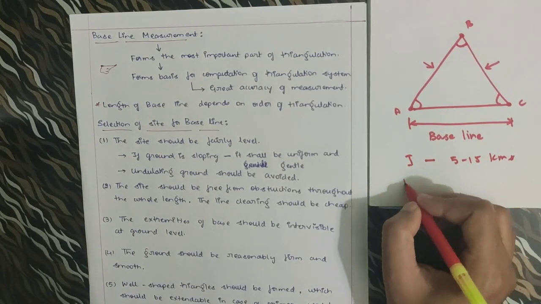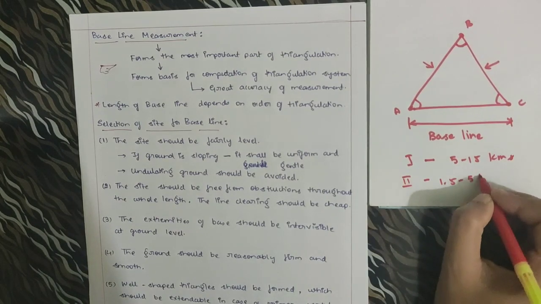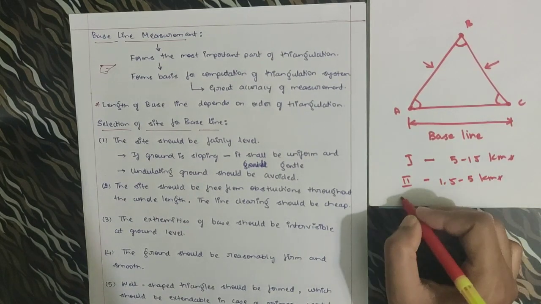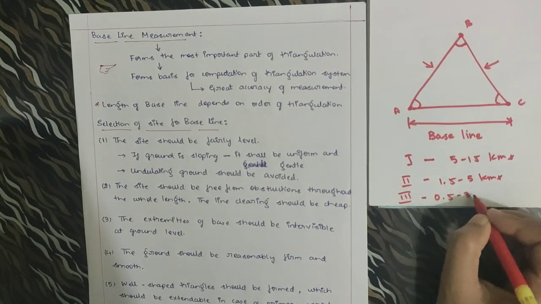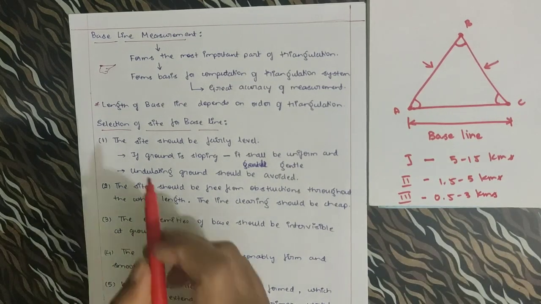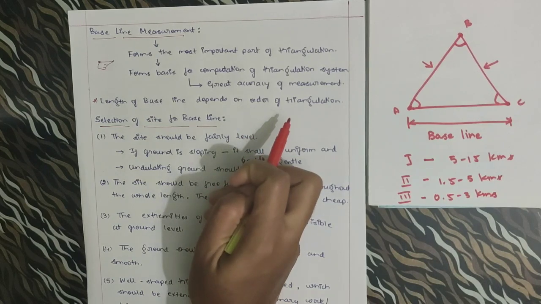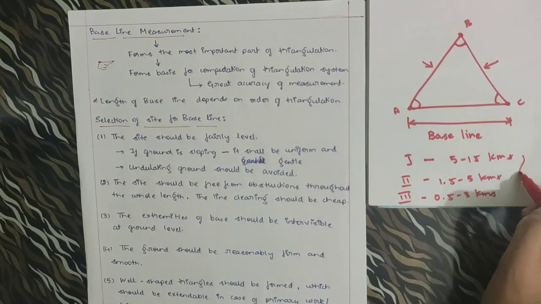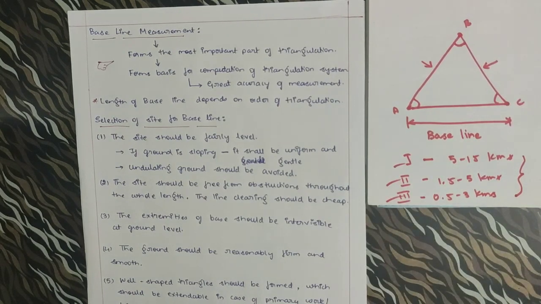For second order triangulation it is 1.5 to 5 kilometers. For third order triangulation it is 0.5 to 3 kilometers. So you can see the length of the baseline depends on the order of triangulation.